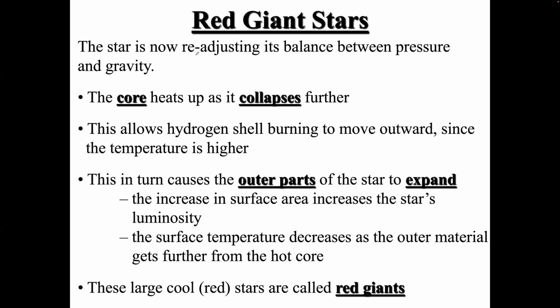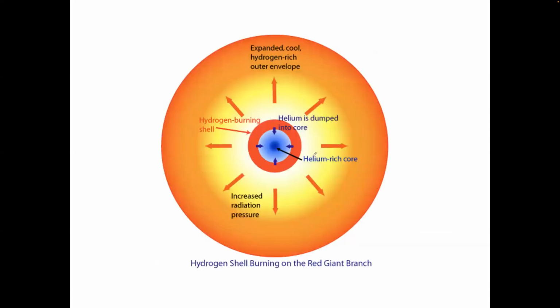Now, when a star enters this particular region, these large cool stars are called red giants. And this is a diagram to show you what actually happens there. A hydrogen burning shell. Hydrogen shell burning on the red giant branch, and you can see that you have the helium core right here, which is done with hydrogen burning, and then you have a hydrogen burning shell.